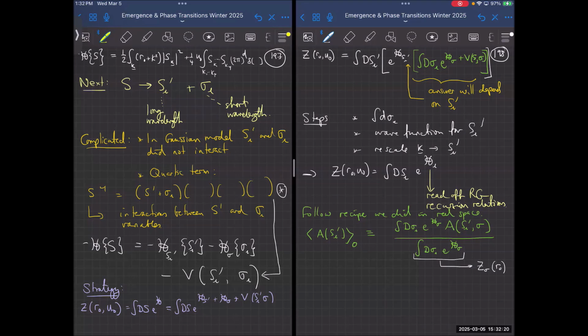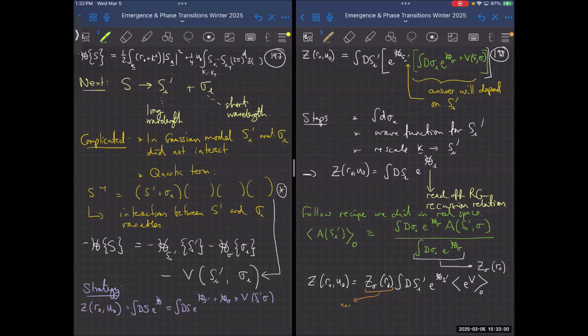So then if I want to write out the partition function that I want, that's going to be Z sigma of R naught times the integral dSL prime of e to the H of SL prime, the Hamiltonian for the original system, and then the expectation value of e to the V taken with respect to the Hamiltonian for the short wavelength degrees of freedom. So that's exactly like what we did before. And this front term here is just a number.